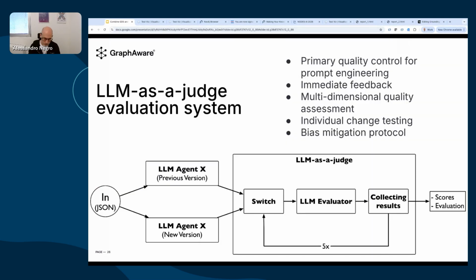As I mentioned, we introduced this evaluation system called LLM as a judge. That is a very common and very powerful technique to evaluate the evolution of prompts in particular.